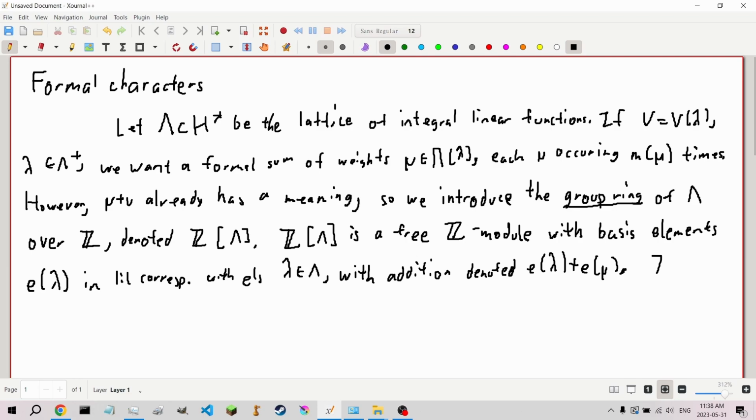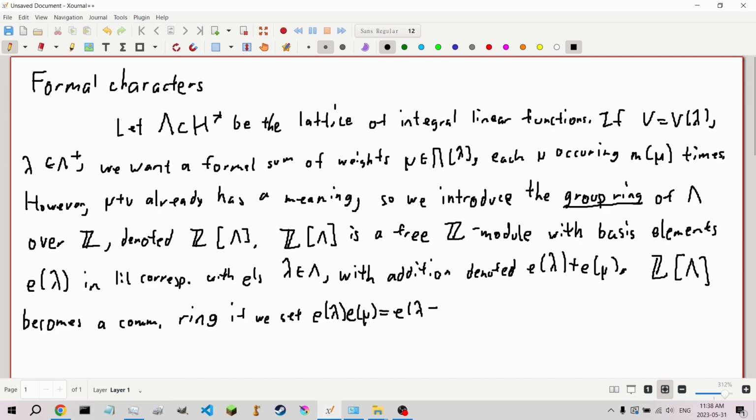And this Z lambda becomes a commutative ring if we set E of lambda times E of mu to be E of lambda plus mu in our original sense.